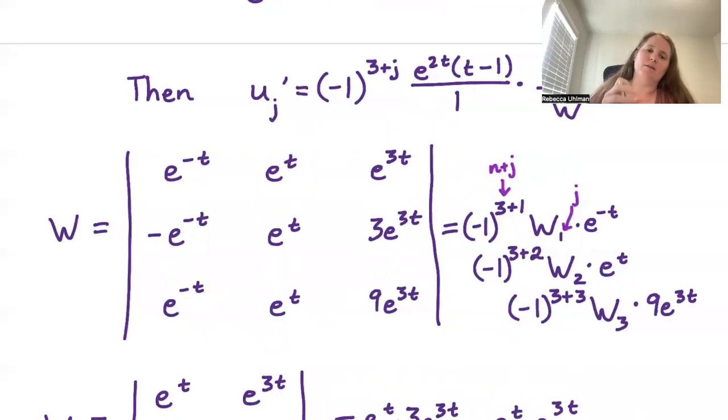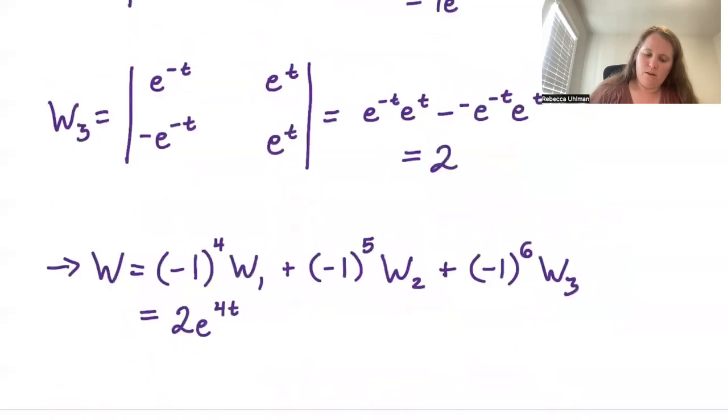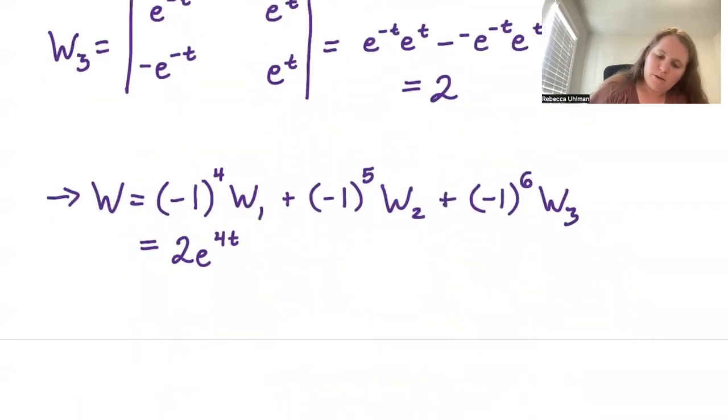When we do the determinant, it's -1 to the n plus j times whatever's in that nth row jth column spot times the submatrix we're working with. So I apologize for that. So we should have e to the -t, e to the t, and 9e to the 3t again in this formula as well.